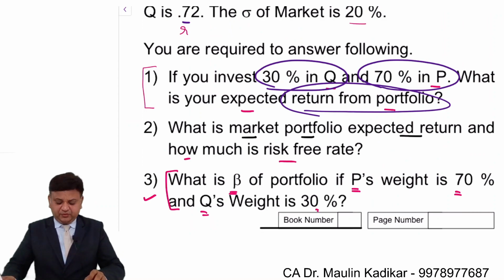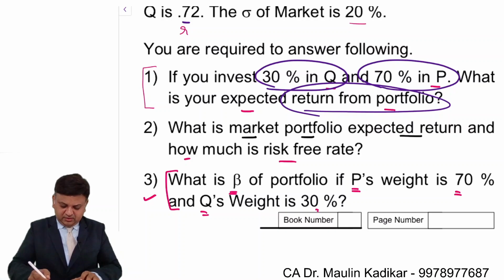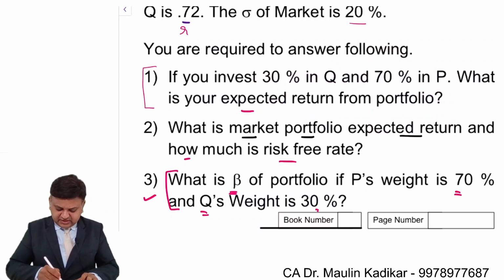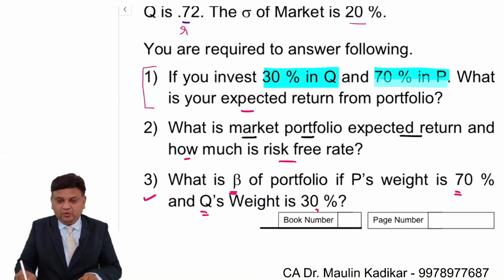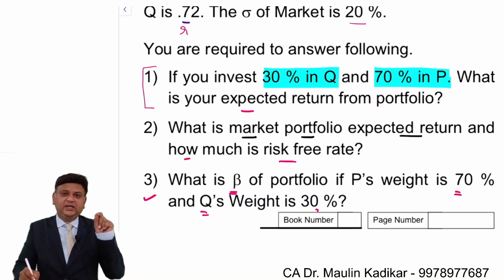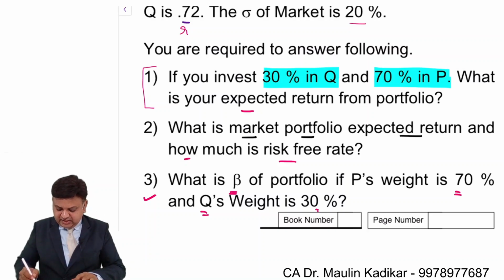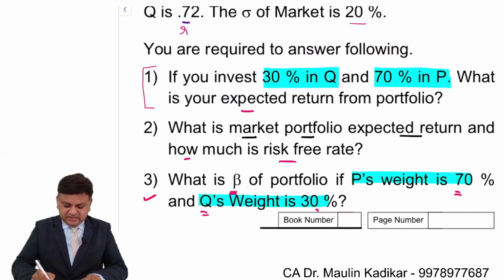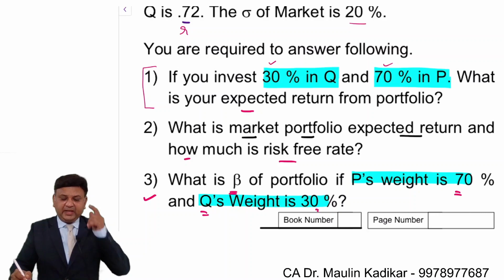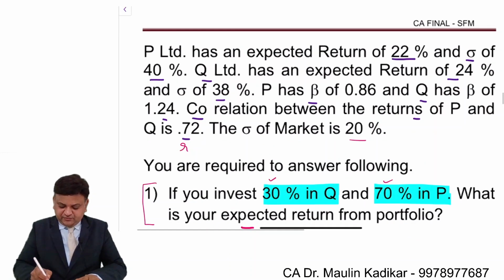Now from the examination point of view, dear students, just be careful about a point. In the first part of the question, they provide that investment is made 30% in Q and 70% in P. So they have provided the weights as Q and P, and over here they have provided as P and Q. What happens many times is that students in a hurry always read this 30% and 70%, and usually are under the impression that the information is provided as P and Q only.